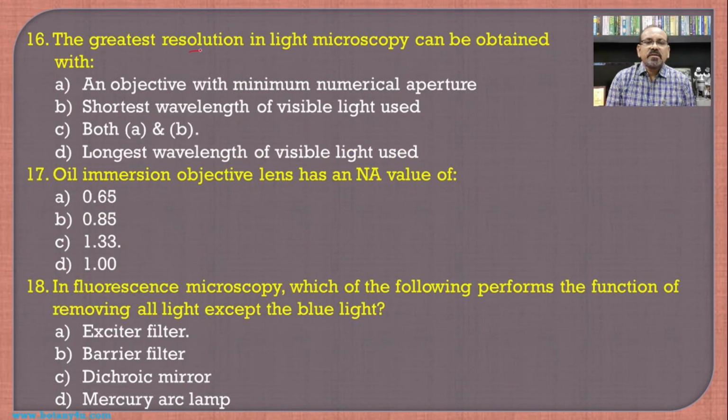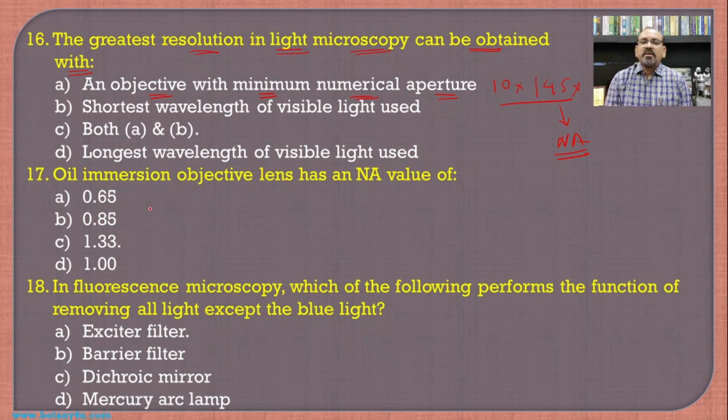The greatest resolution in the light microscopy can be obtained with, if you see the resolution of the light microscope, then an objective with the minimum numerical aperture. If you compare the 10x objective with that of the 45x objective, then you will find that the numerical aperture of the 45x is greater.